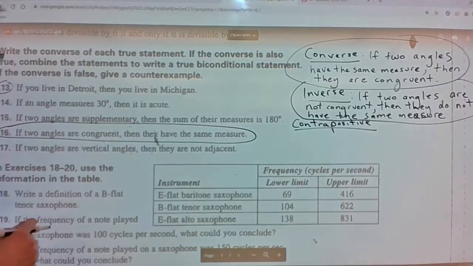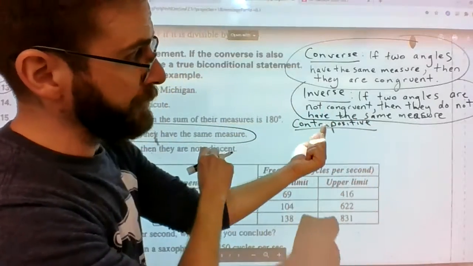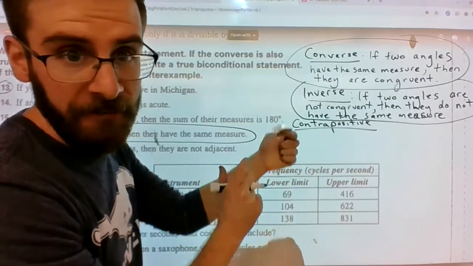And then lastly, the contrapositive. This is where you take your inverse and flip it around so that it's kind of like the converse of the inverse.